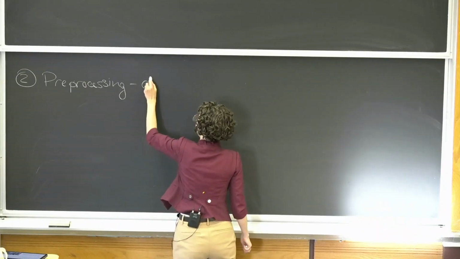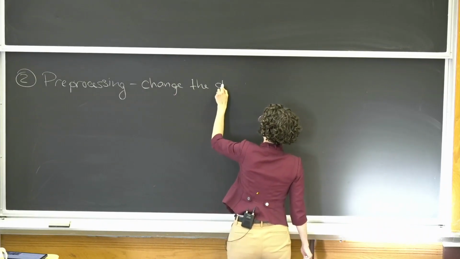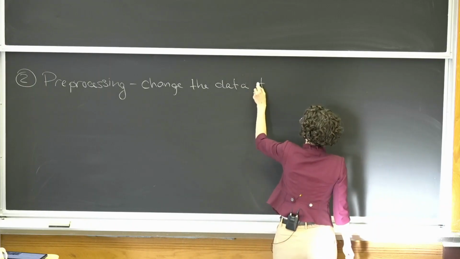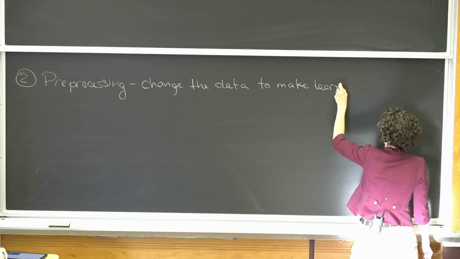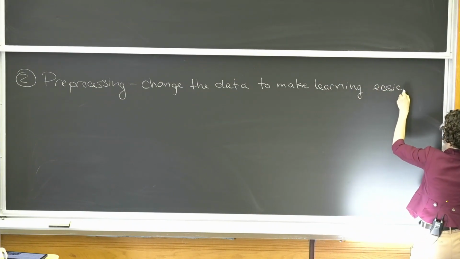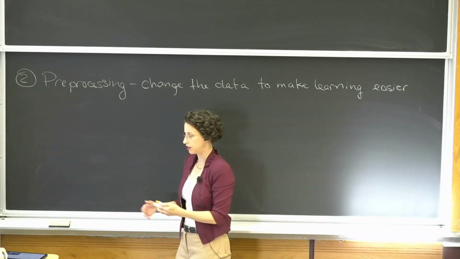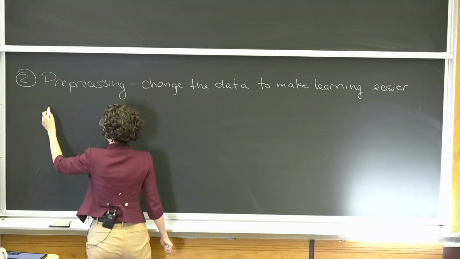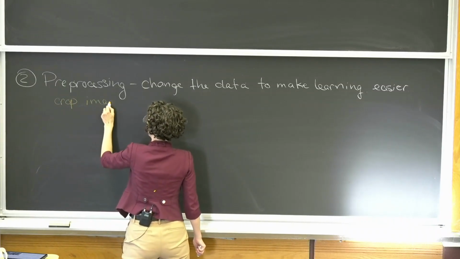So we are going to change the data to make learning easier. And so, for example, in our facial recognition context, this could correspond to cropping the images.